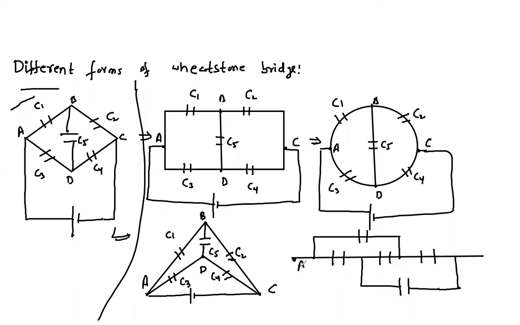This is point A, this is point C, this is point B, and this is point D. So this is C1.